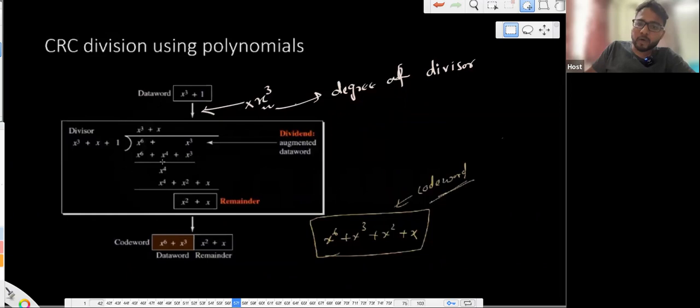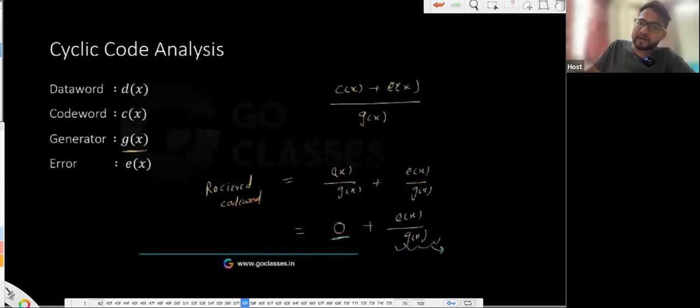You have your remainder, and you add that remainder to convert the data word to a code word. The generator is known to both sender and receiver, and the error is something that you get in between.